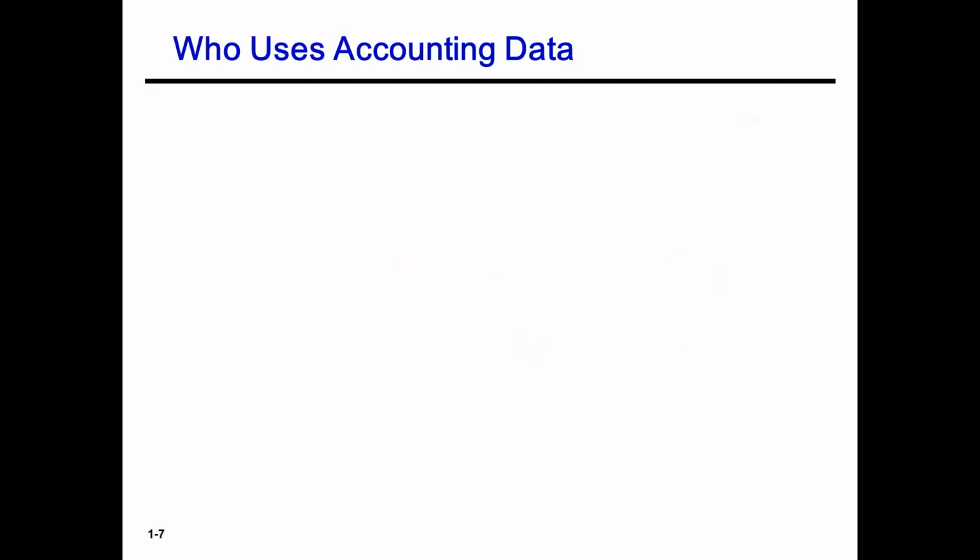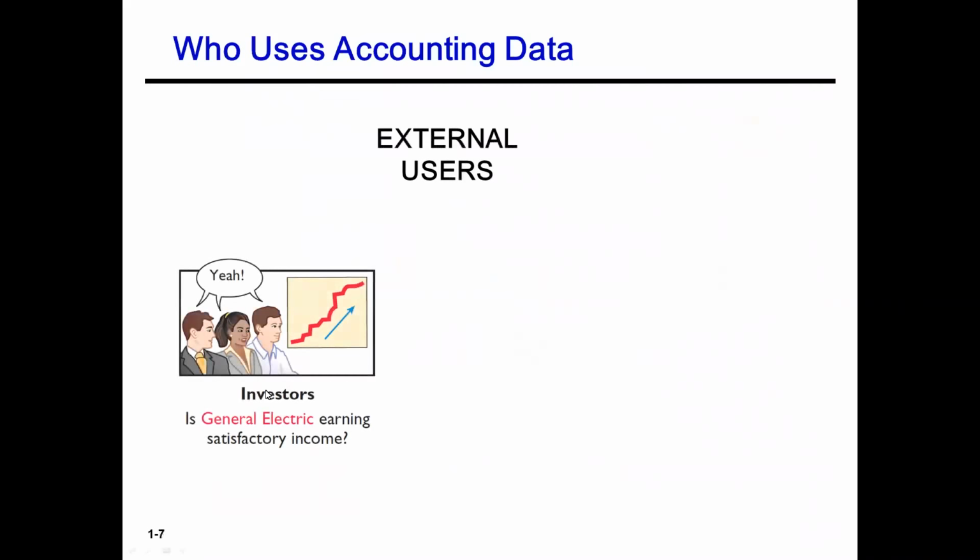As far as external users, they are not employees of the company, but they also need information about what's going on in the company financially to make proper decisions. Investors of a company who buy stocks of corporations need financial information to determine whether or not they should make investments in the company by purchasing their stock.